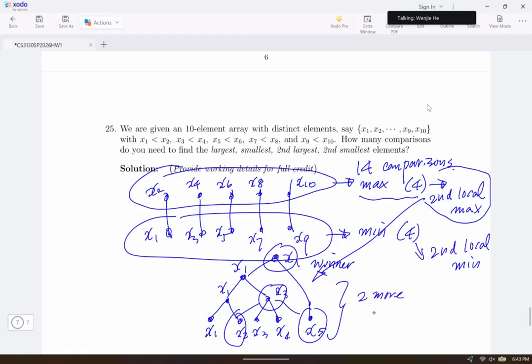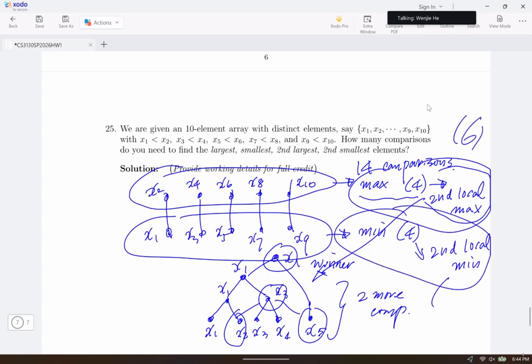So that means you find the max and local min with total 6. This part, you need 6 comparisons. Similarly, for this part, you need also 6 comparisons. But that local max is not global.